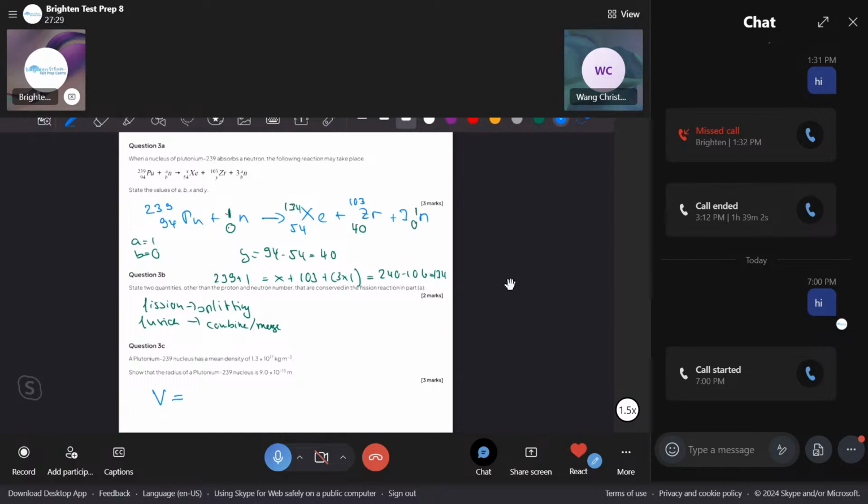I think we can use the method of finding the mass of one nucleus and then dividing by the density. Yep, can do. Okay, let's go from there. So what is volume?